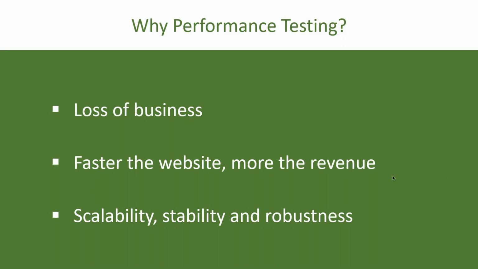So, reducing the opportunity cost, that is loss of business, making the business more available and faster with good user experience, and then with the support of scaling and looking at the stability and robustness.